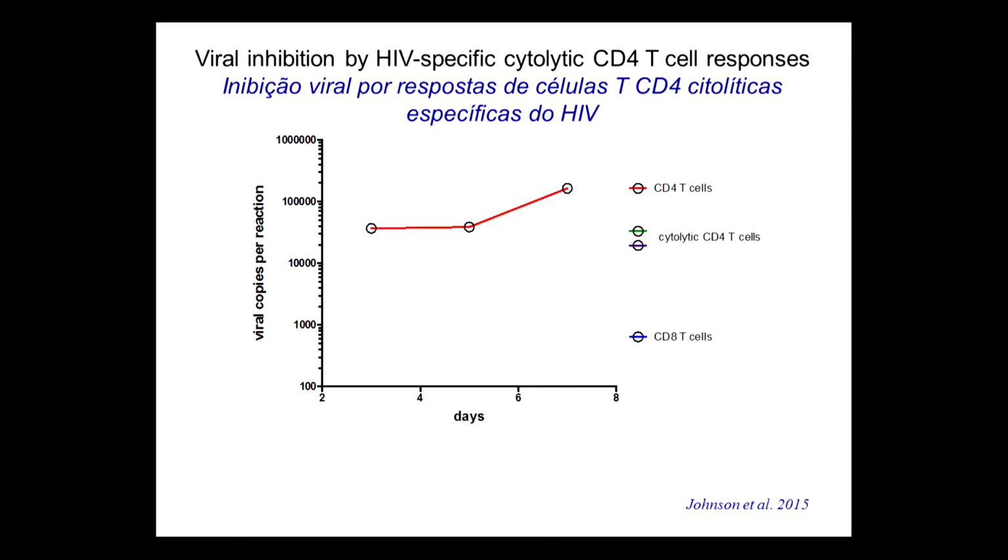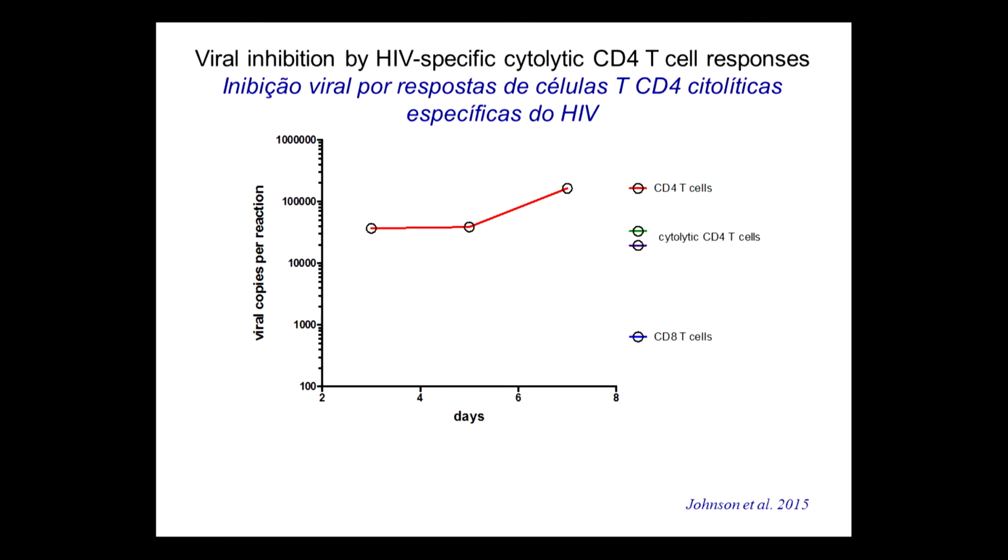So we wanted to know, in another study, whether those CD4 T cells are actually killing virally infected cells. We infected CD4 T cells as the target cells with HIV and performed a viral inhibition assay. This is just a comparison to CD8 T cells.